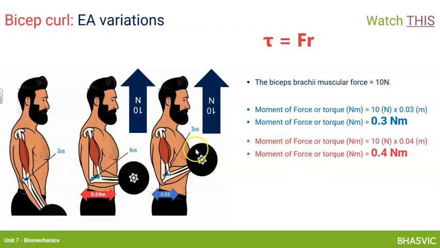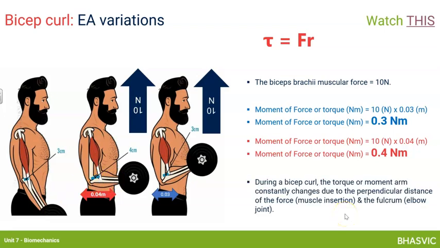However, at this slightly higher angle, which would be the same for this lower one, the perpendicular distance between the fulcrum and the application of effort is 0.03, so we have 10 times 0.03, which gives 0.3 Newton meters of torque. So the first and last positions are less mechanically advantaged than this middle phase in terms of this internal lever system.